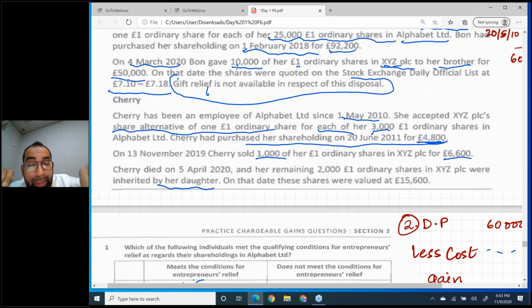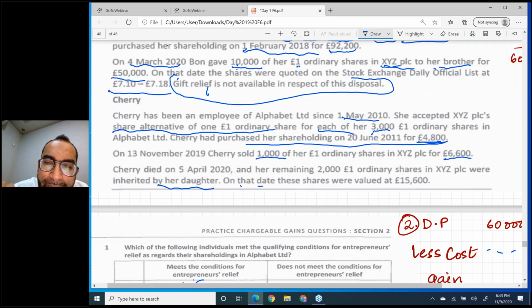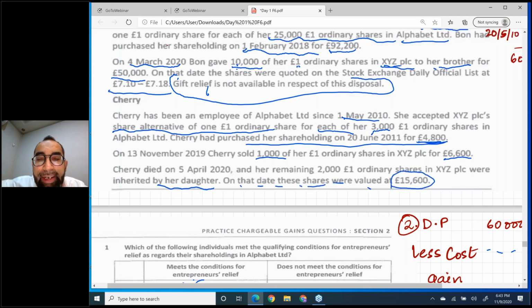I hope you remember today's class. At the time of death, there is no CGT. Whatever chargeable asset you transfer to your daughter or your son, there is no CGT. On that date, these shares were valued at 15,600. Now let me tell you the law in clear words.